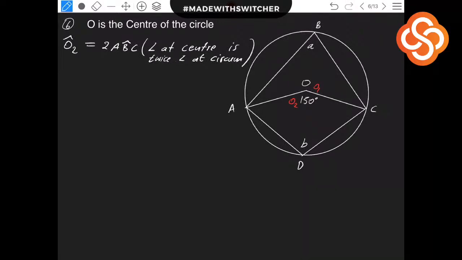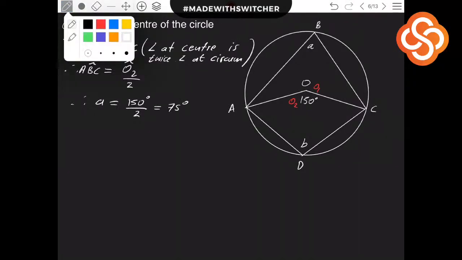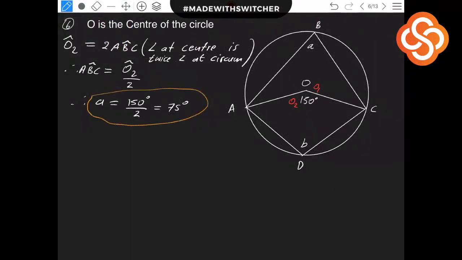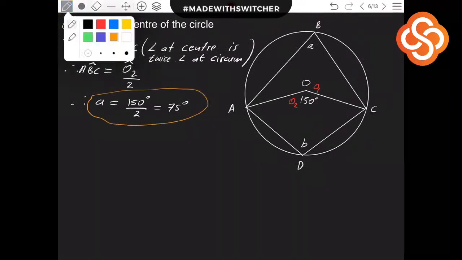Since we're looking for ABC, we make it the subject of the formula: O2 over 2. And we know that ABC is given as A, so we're going to have 150 divided by 2, which is equal to 75 degrees. So we know now that our A is 75 degrees.